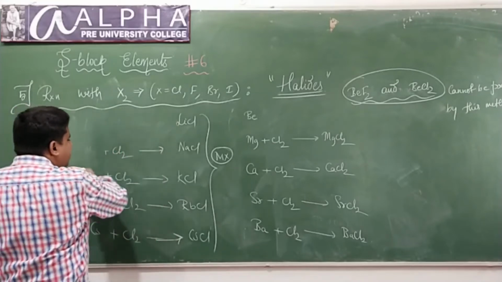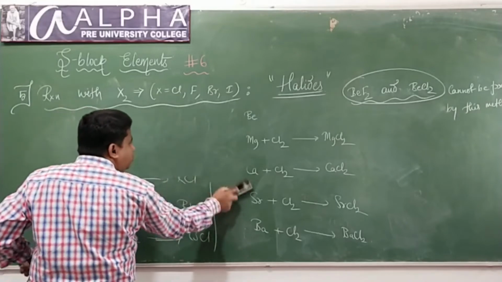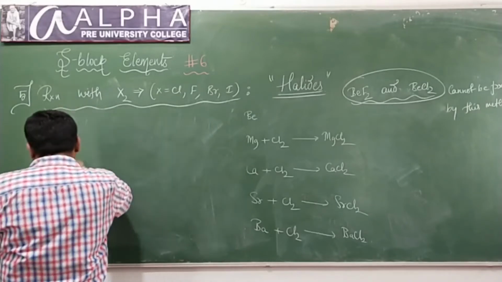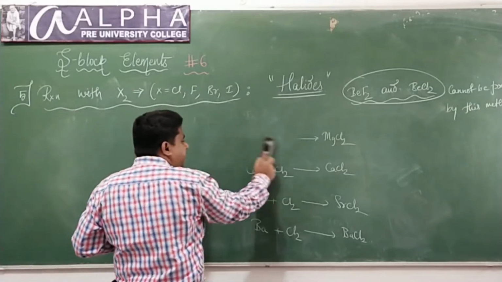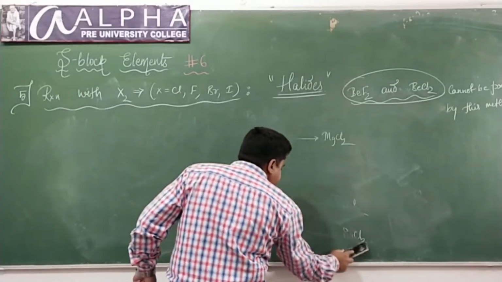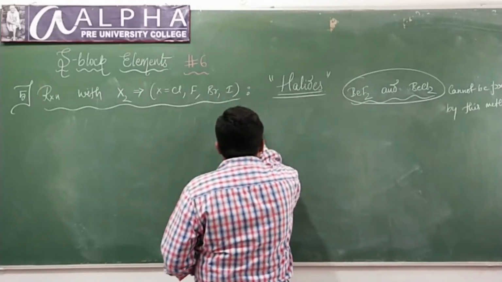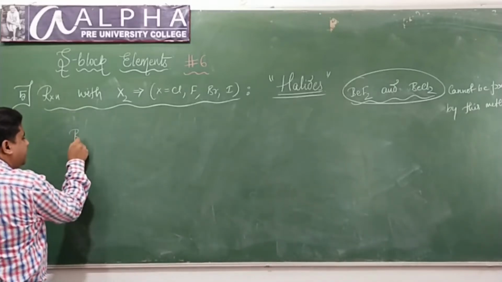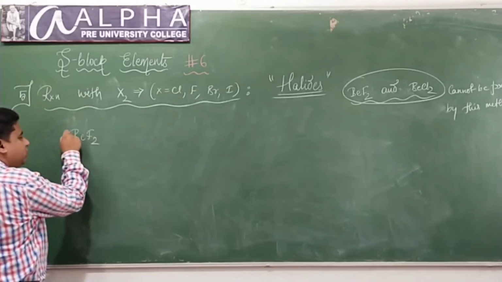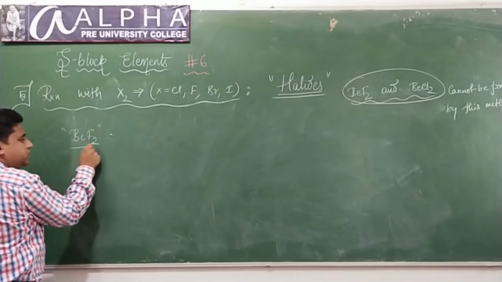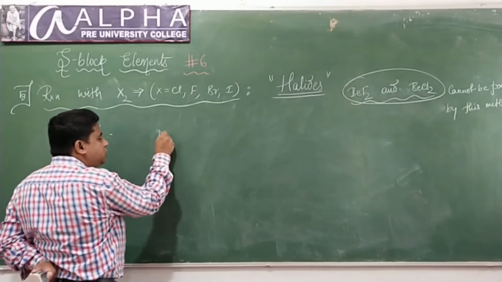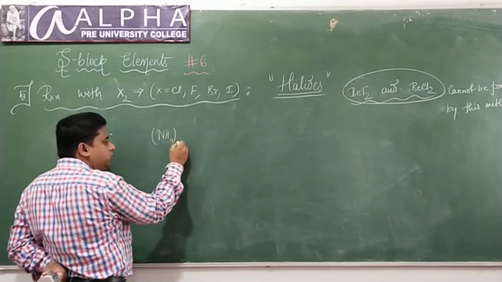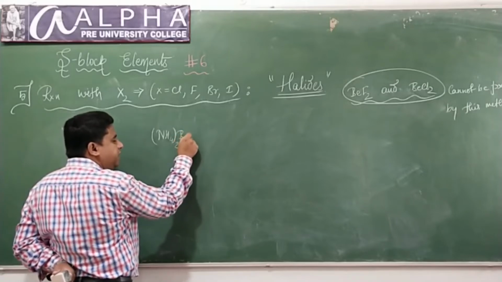Okay, see, in order to prepare beryllium fluoride, note this point. If I have to prepare beryllium fluoride, what I have to do is use (NH4)2BF4.